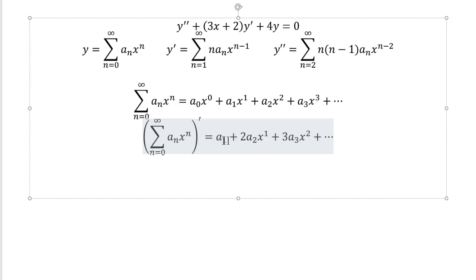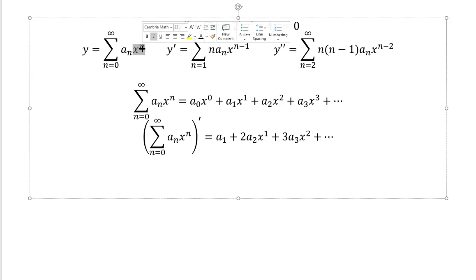So the formula you end up getting is here, and you know that because if x to the n is differentiated, n will come down, and then you're going to get n x to the n minus 1. Moreover, as you can see here, n should start from 1 because the very first term is a1, not a0, right?